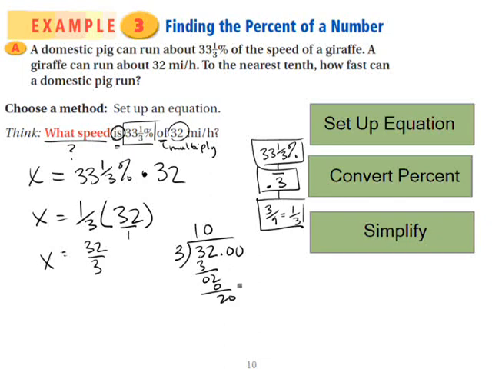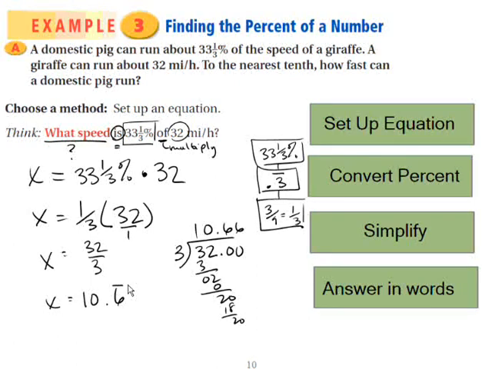So let's find out a little more accurately how fast that is. And it turns out it is 10.6 repeating miles per hour. And again, it's a word problem. Answer in words.